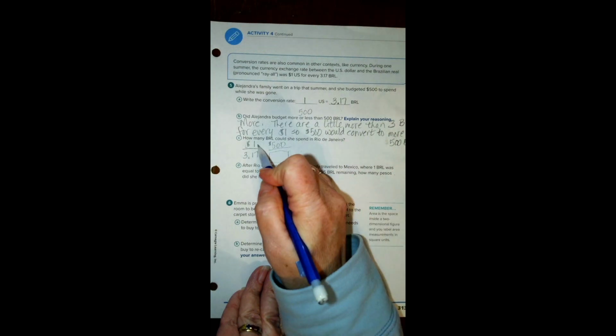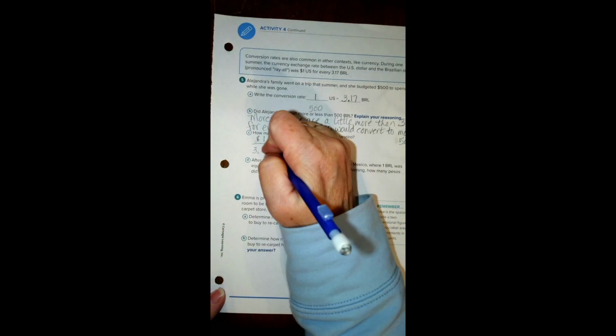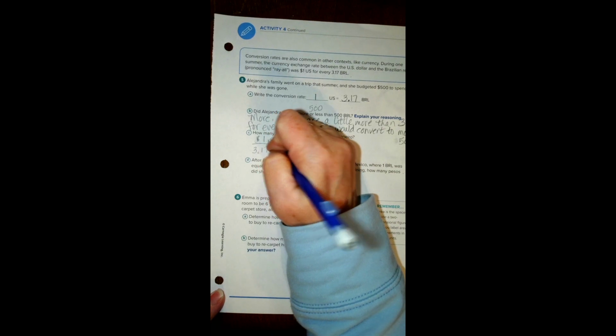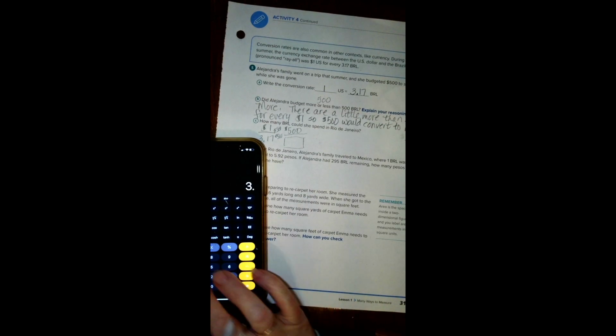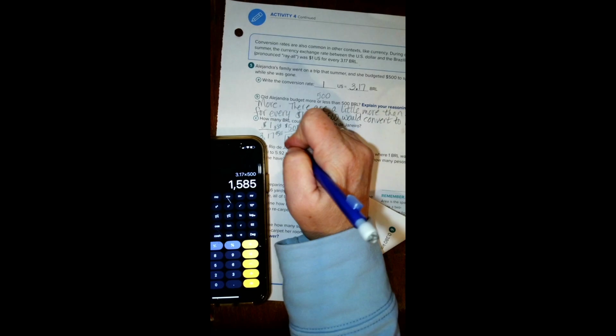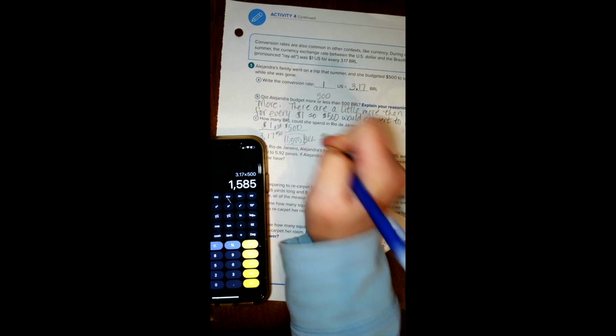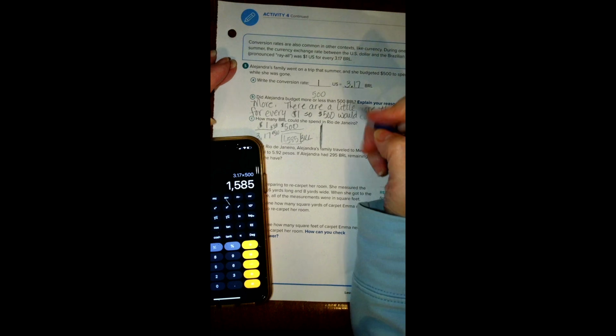So we're doing 1 times 500. So we're going to do 3.17 times 500. And remember, that's our version of 1 there. So 3.17 times 500 is 1,585 Brazilian reals. So now let's set it up with unit analysis. What we're starting with is going to go first.